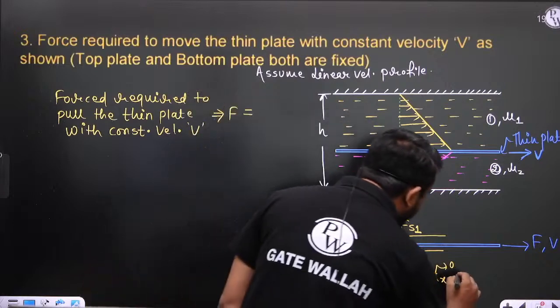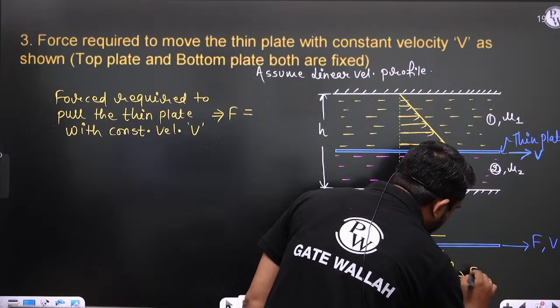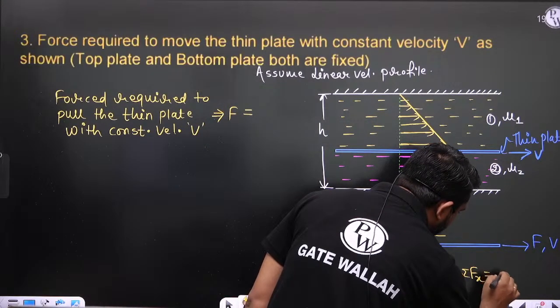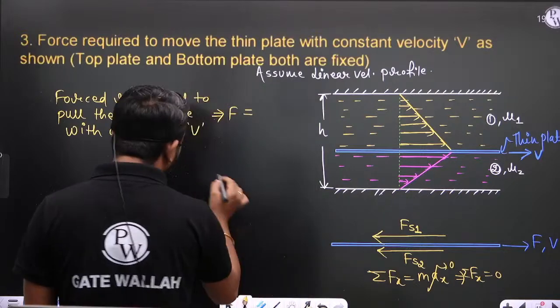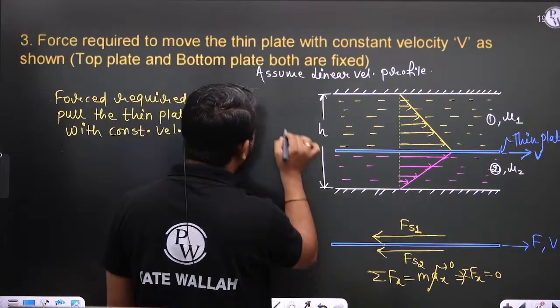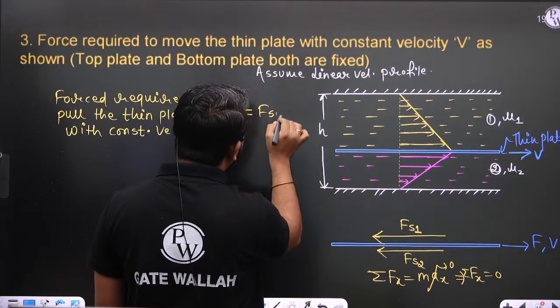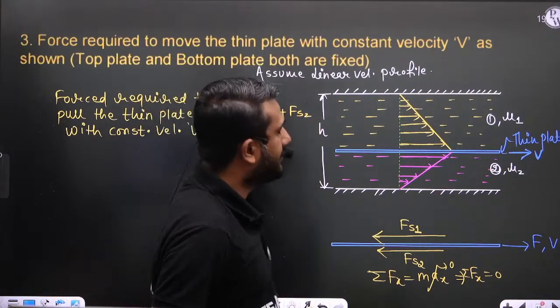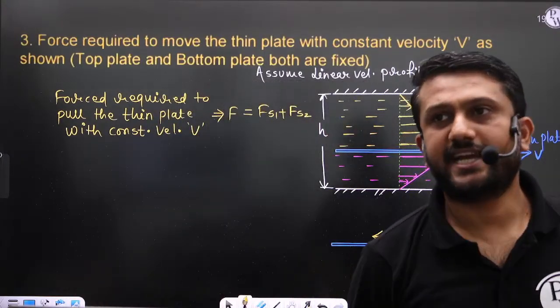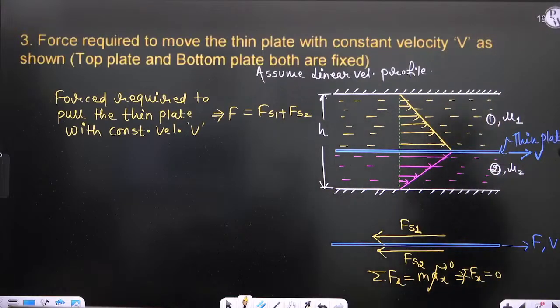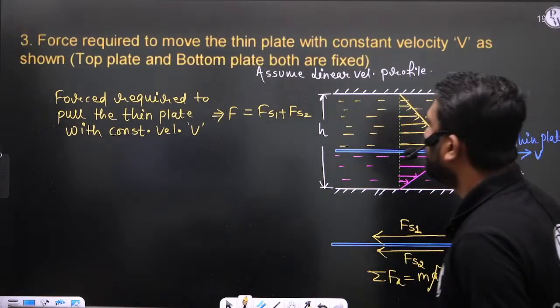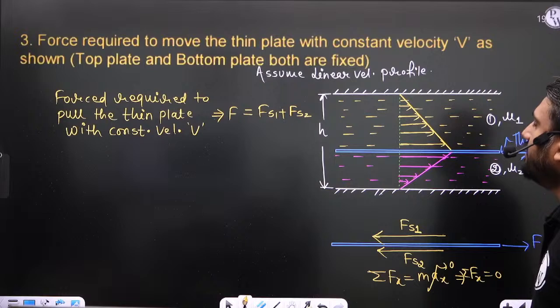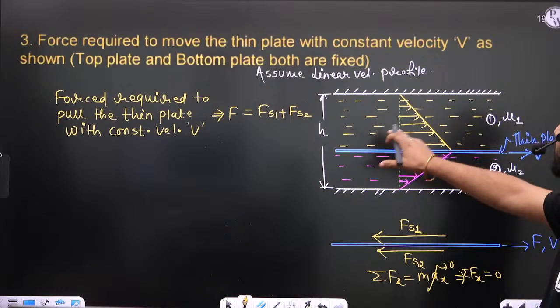So summation Fx equals 0, so F is equal to Fs1 plus Fs2. This is the shear force experienced by the thin plate, or the friction force on the thin plate.